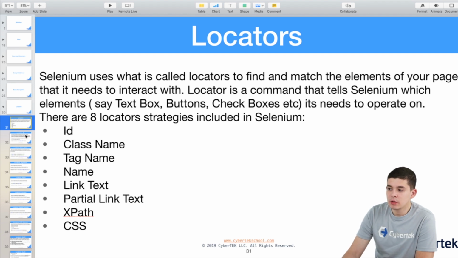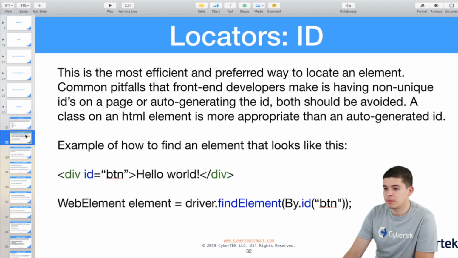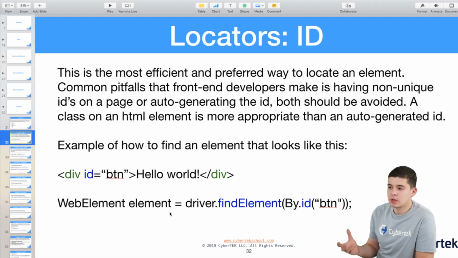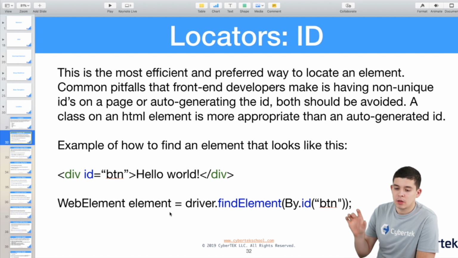So let's look into the first locator, ID. ID is the most efficient locator type in Selenium. First of all, ID must be unique. ID is some kind of unique identifier, right? It's the attribute that is supposed to be unique for every element.